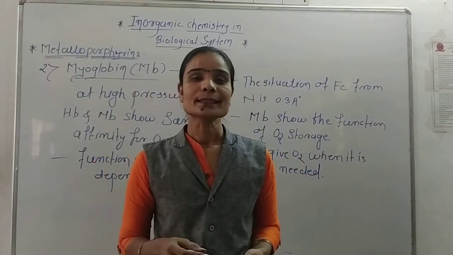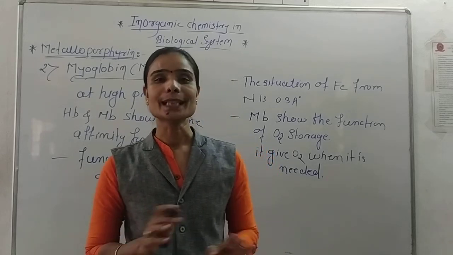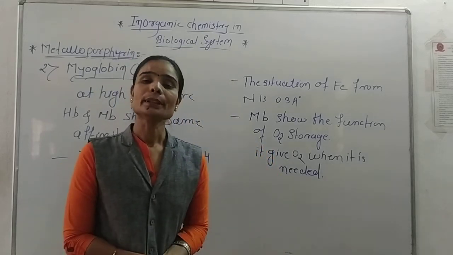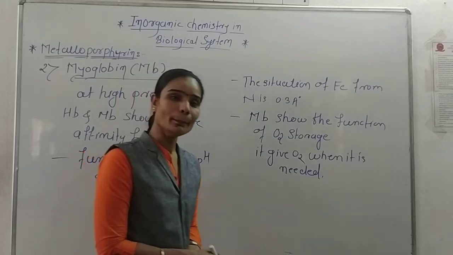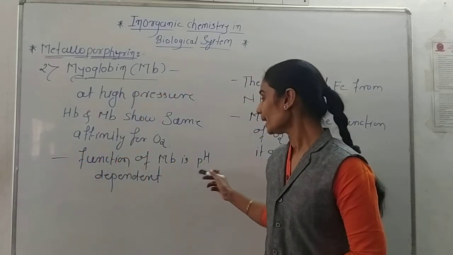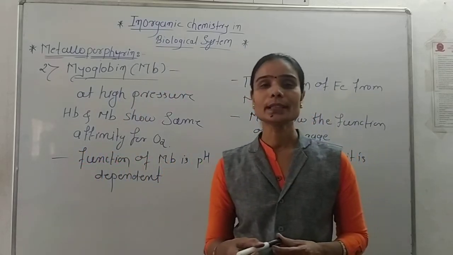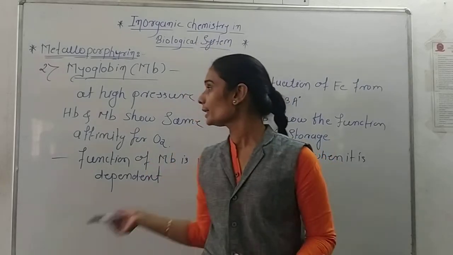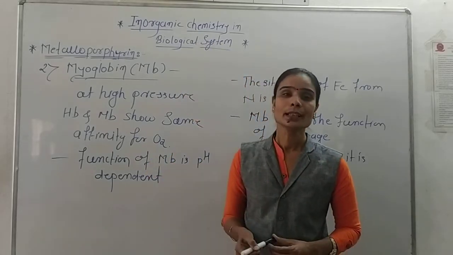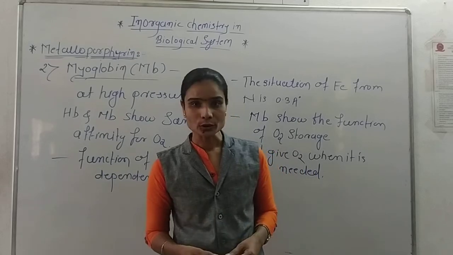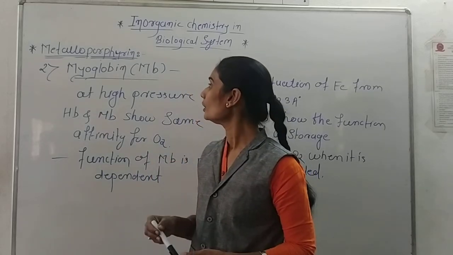Below low pH, the function of myoglobin does not work. So only if the pH is sufficiently maintained in the living system does myoglobin give its function. So this is the structure, function and characteristics of myoglobin, which is the second metalloporphyrin.